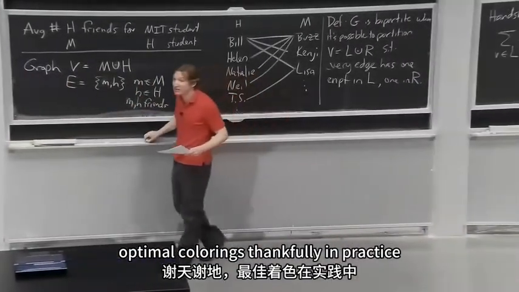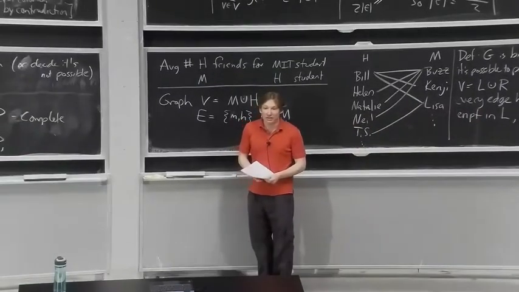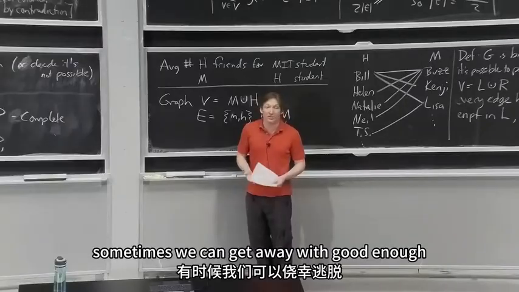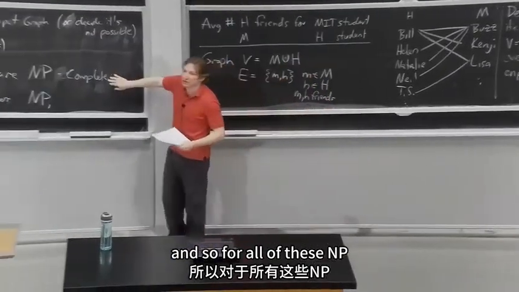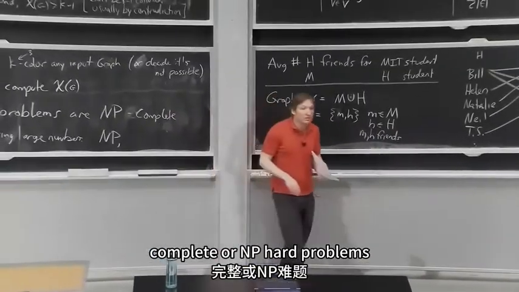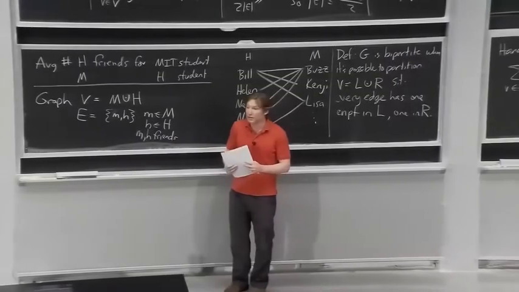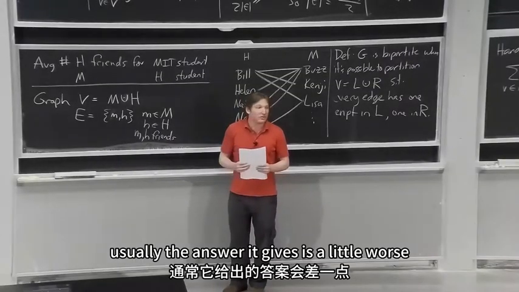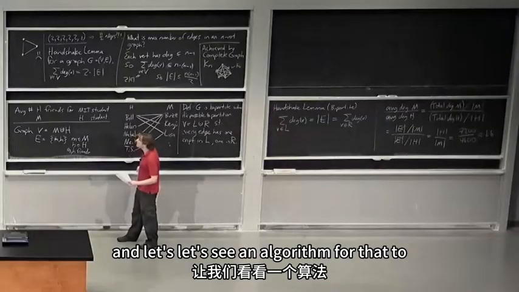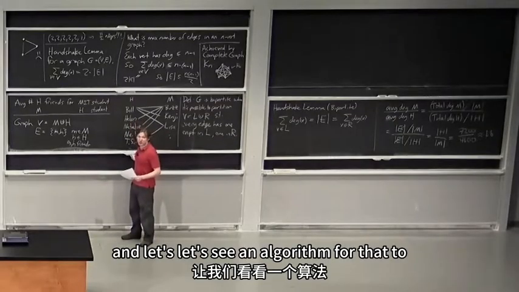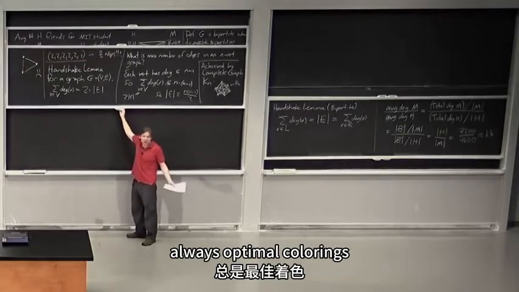Thankfully, in practice, optimal colorings aren't really necessary. Sometimes we can get away with good enough. And so for all of these NP complete or NP hard problems, the best you can hope for is an algorithm that's good enough. Usually, the answer it gives is a little worse, but it runs faster. Let's see an algorithm for that, to give us some colorings of graphs, even if they're not always optimal colorings.